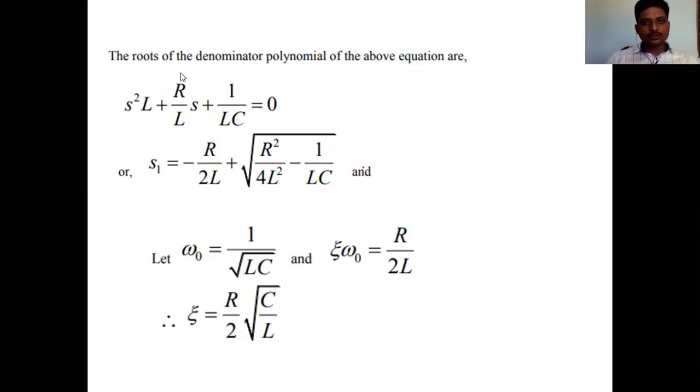If you got these roots, then in this equation you can see under the root you have R square by 4L square minus 1/(LC).